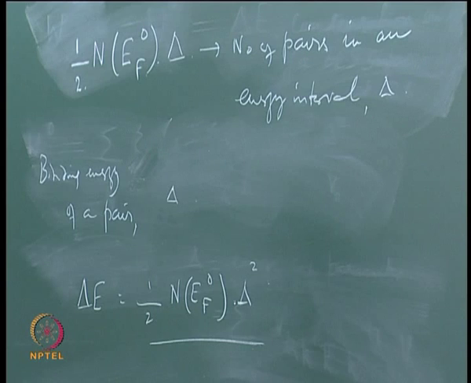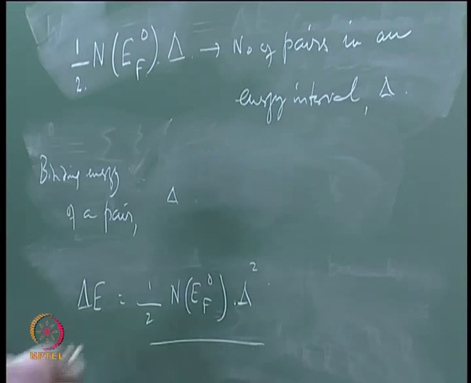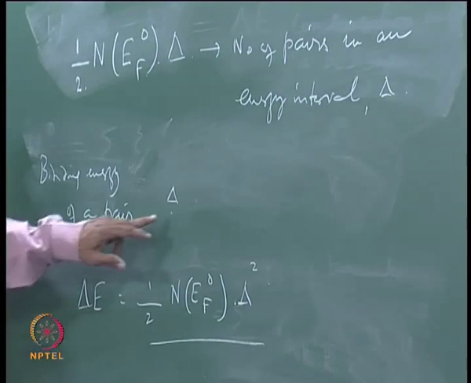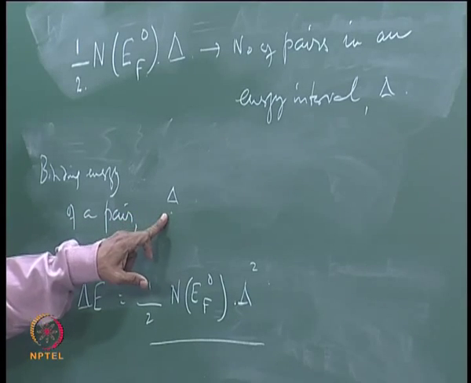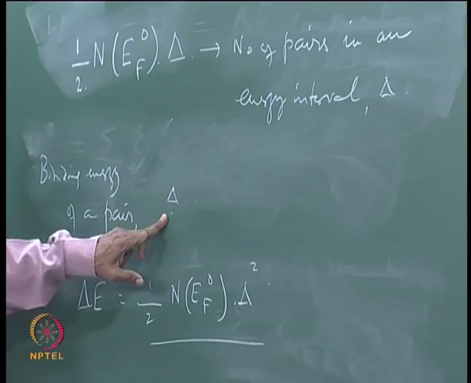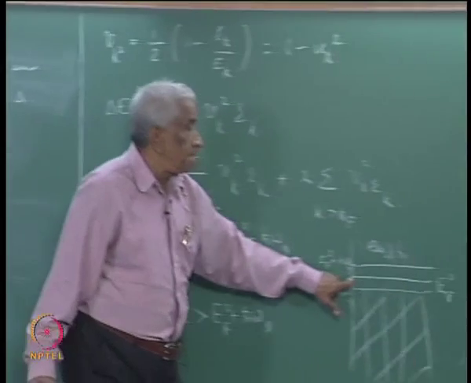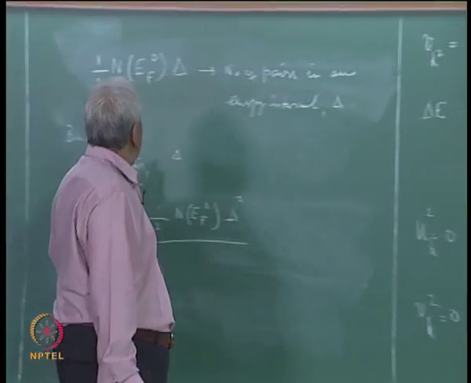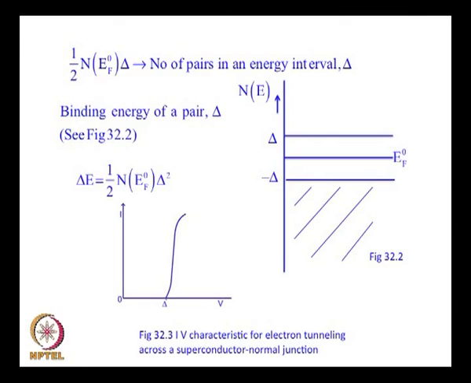So, this has a very important physical interpretation. This is one of the important results of the BCS theory, that a gap opens at the Fermi energy and its magnitude is of the order of delta. So, this is the physical interpretation of this.